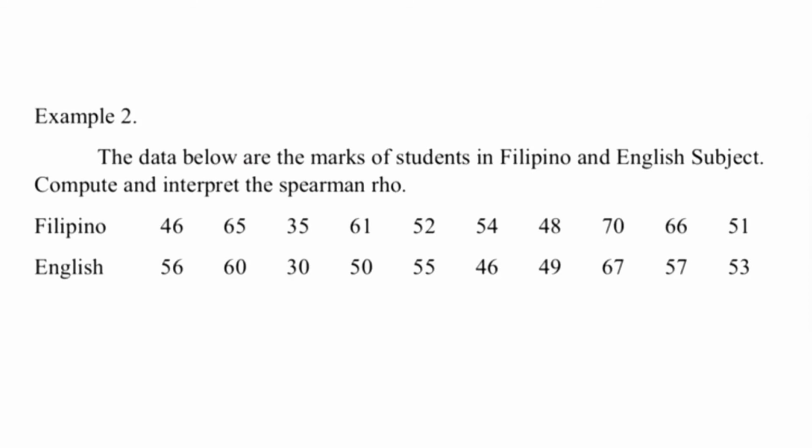Compute and interpret the Spearman Rho. Given the Filipino scores: 46, 65, 35, 61, 52, 54, 48, 70, 66, and 51. In English, we have 50, 60, 30, 50, 55, 46, 49, 67, 57, and then 53.